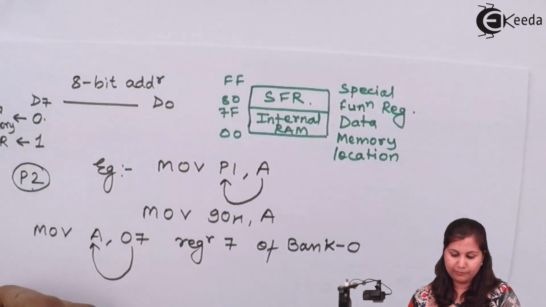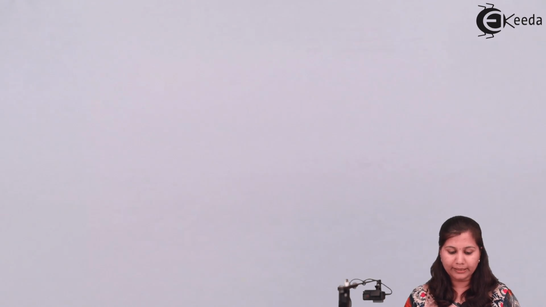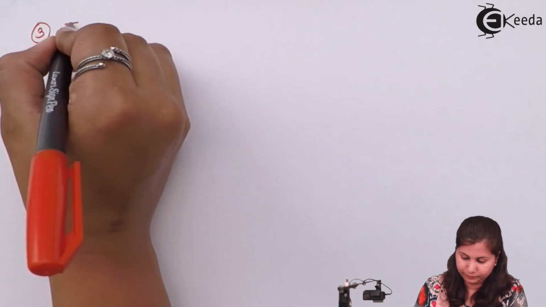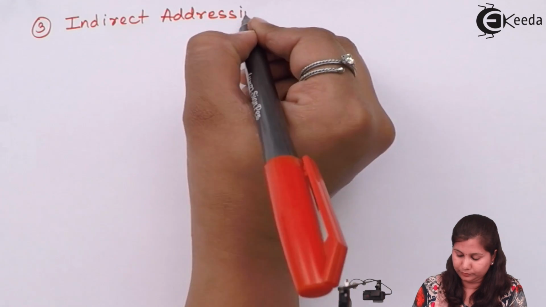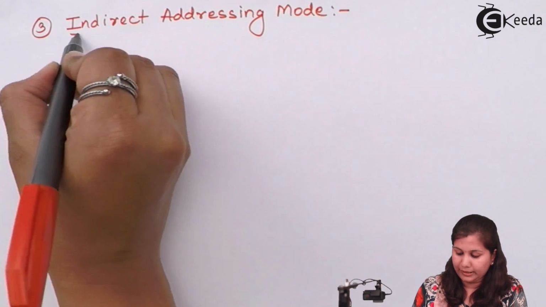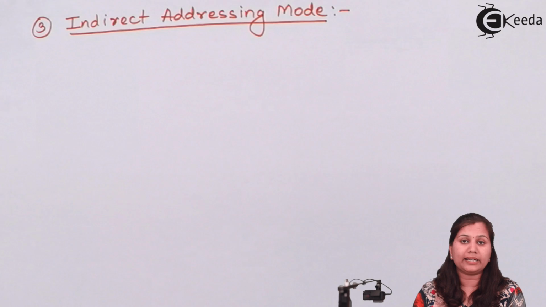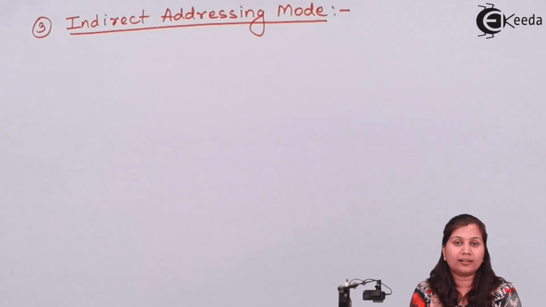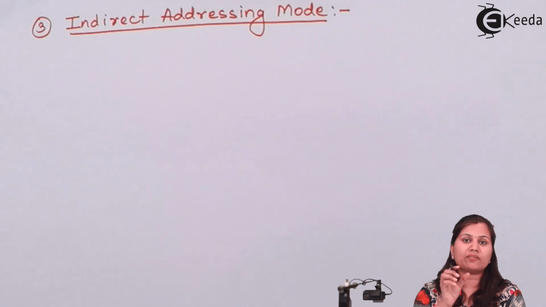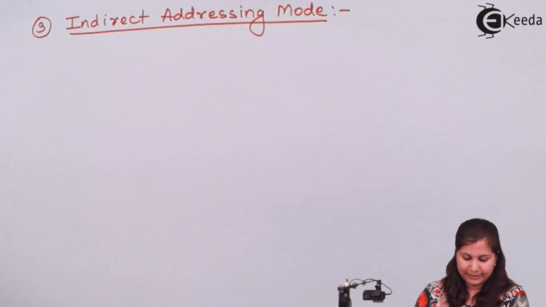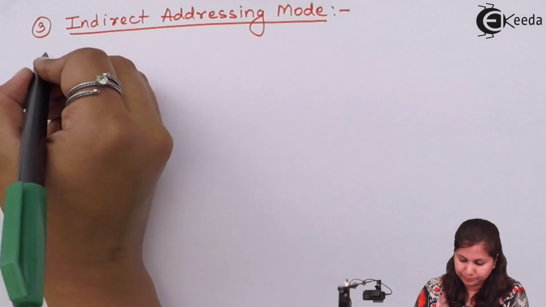The third type of addressing mode is the indirect addressing mode. In the indirect addressing mode, the address is not directly specified. It is indirectly specified, meaning the address of the data is stored in a register, and that register is specified in the instruction. Let's take an example.